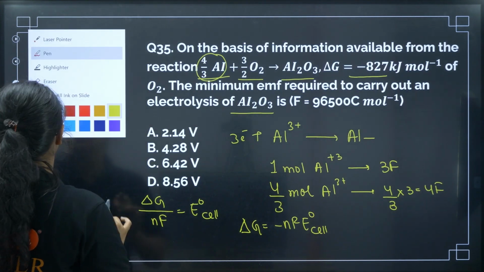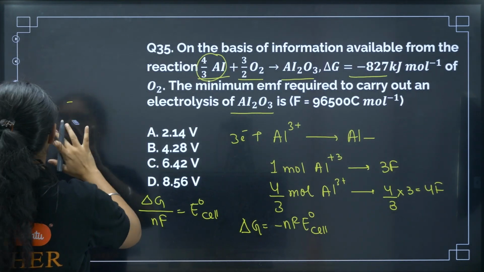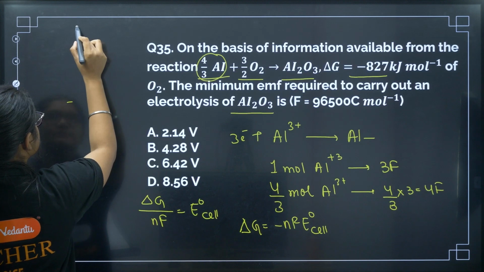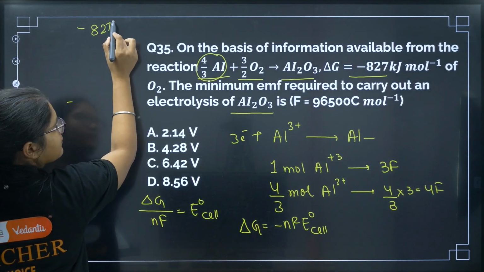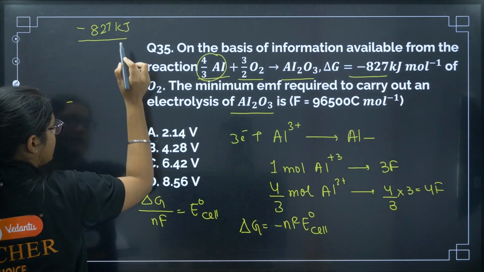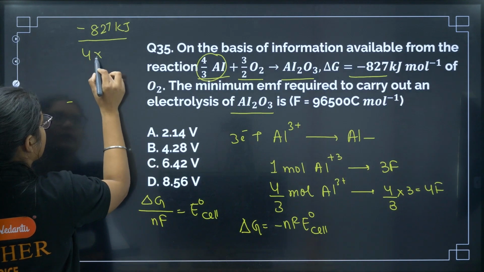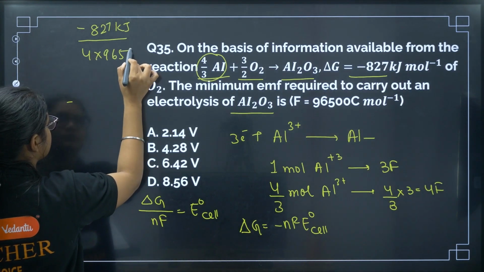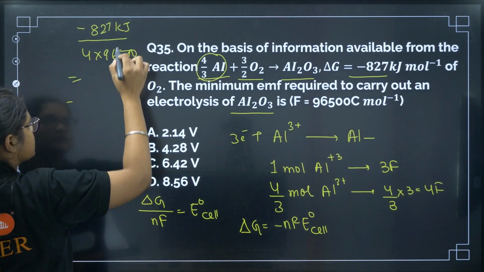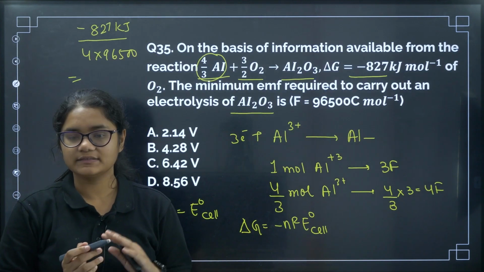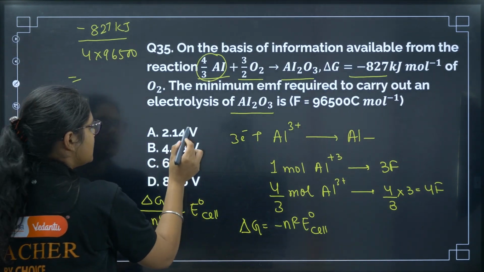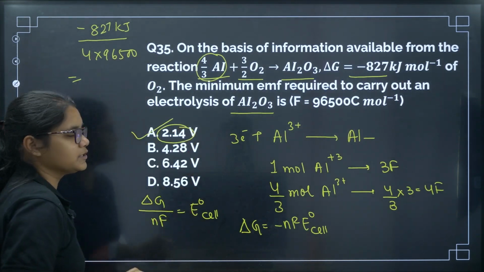So we have this formula: delta G is minus 827 kilojoule divided by n is 4, into 96500. You can convert this kilojoule to joule. Once you convert this, the correct answer you will get is around 2.14 volt. That is option number A.